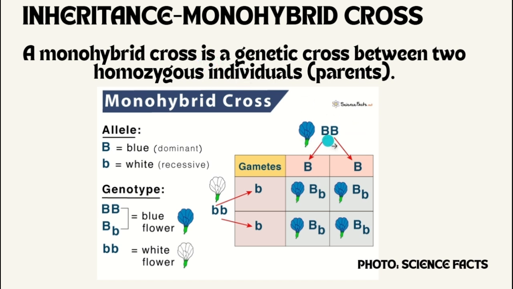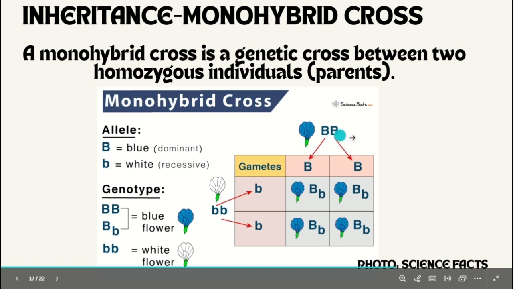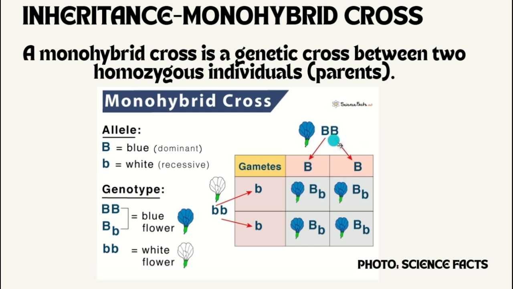We said homozygous. You can have homozygous dominant and also homozygous recessive. So if you cross a homozygous dominant with a homozygous recessive, let's do a different example. Let's say we do flowers, my bad.